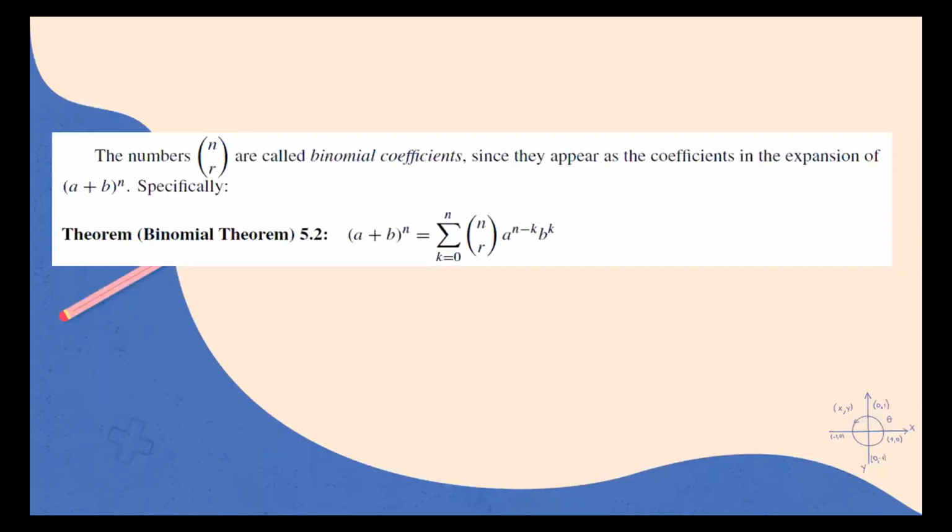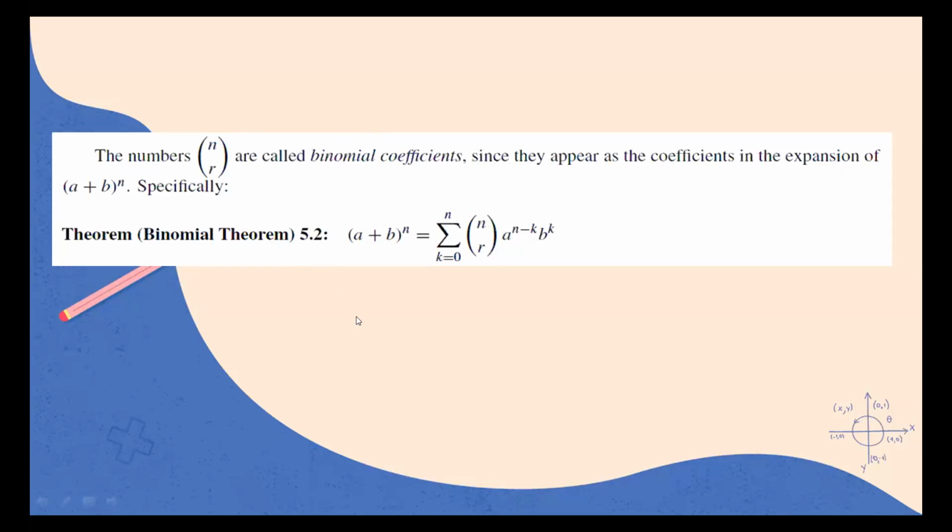Now, just some more information about what I discussed earlier regarding Pascal's triangle: the numbers n choose r are known as the binomial coefficients because they appear as the coefficients in the expansion of (a plus b) to the power n.